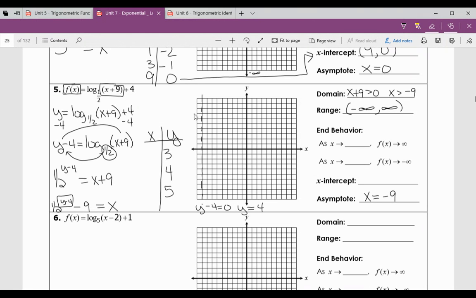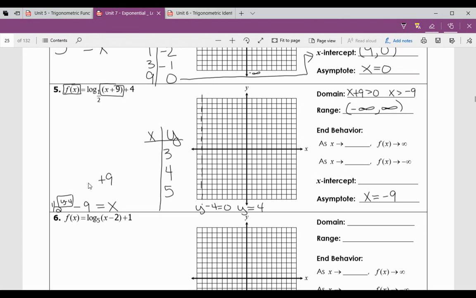Everybody okay with what I've done so far? All right. So let me get some of this out of the way so we can plug those numbers in and get our table. Now remember, the equation is 1/2 to the y minus 4, minus 9 equals x.